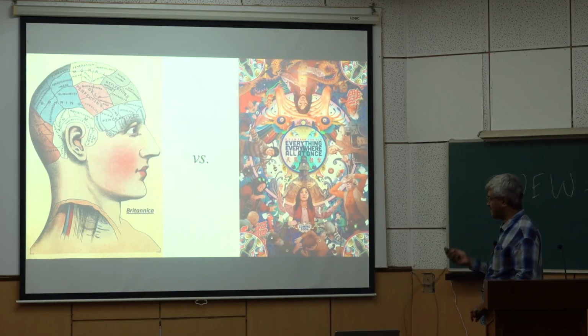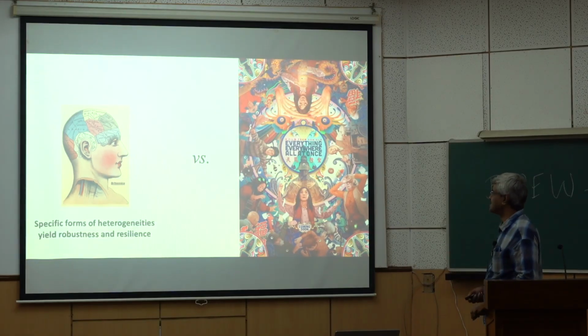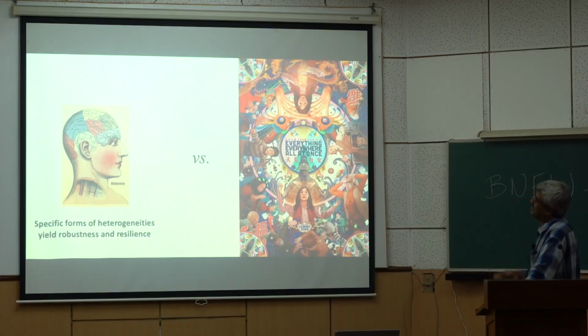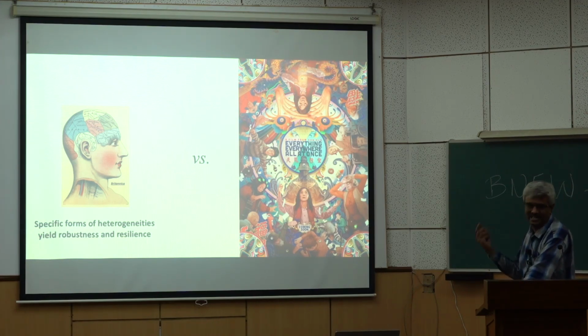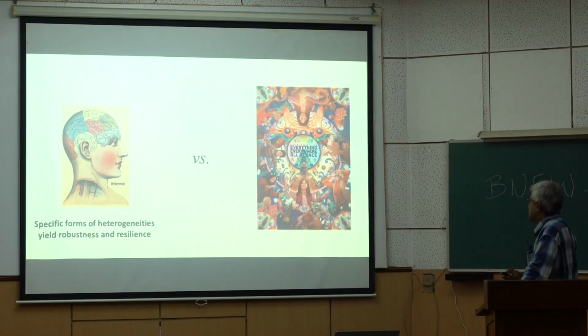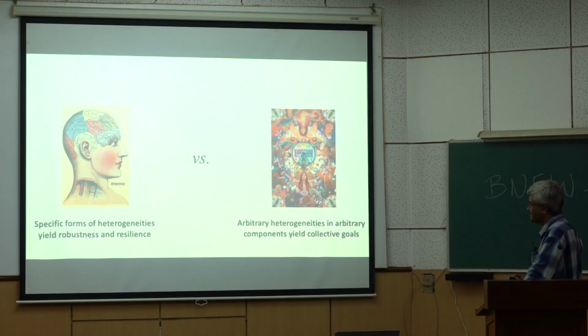At one end, we have a one-to-one relationship between structure and function, where there is that discredited idea of phrenology. And at the other end, we have a scenario where everything contributes to everything else, and there is no real structure associated with it.